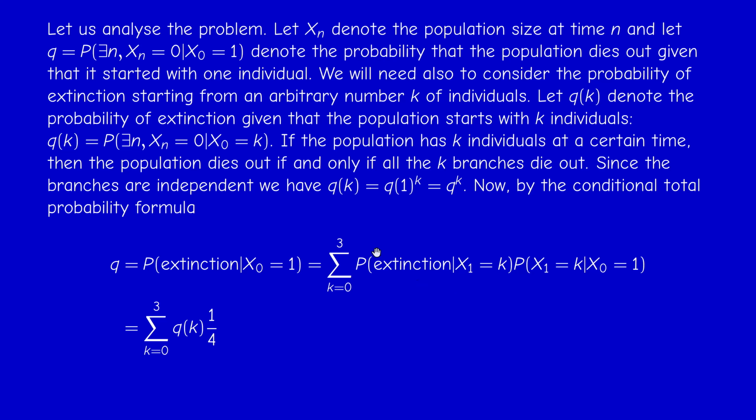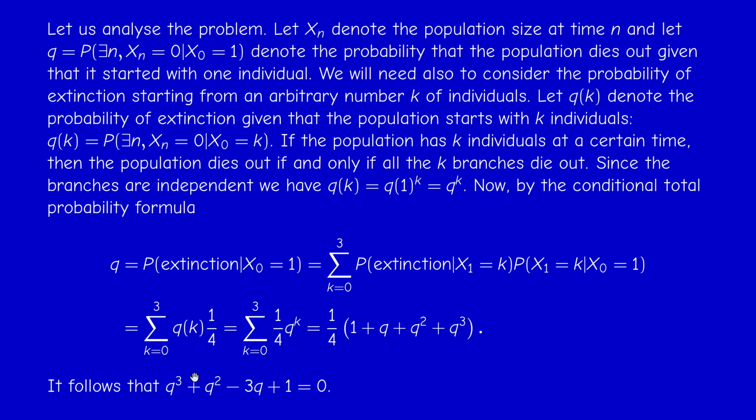Now this first term is Q to the k by definition. And in the riddle, this second term is just 1 over 4 because all the outcomes are equally likely. So we have 4 possibilities, 4 equally likely, in this context, of course.